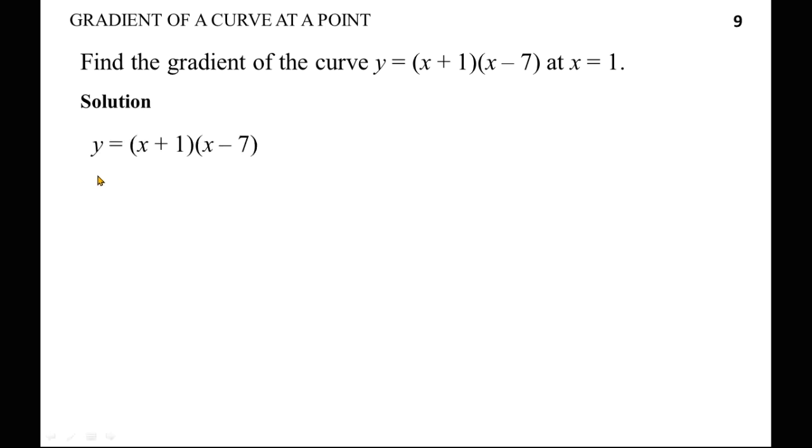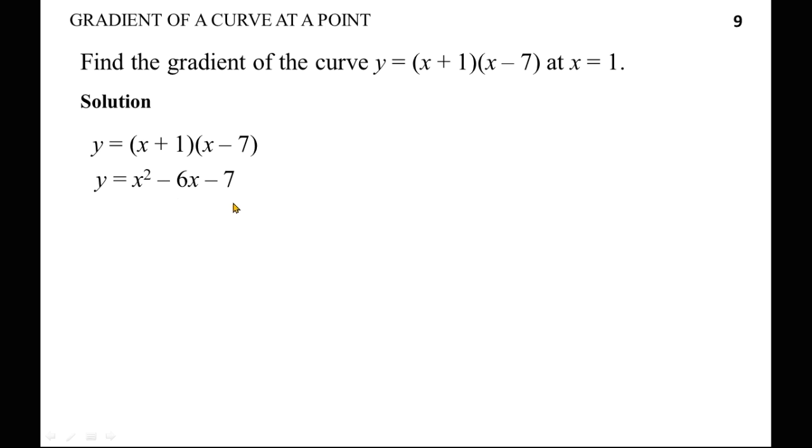Firstly, this is the curve y equals (x plus 1) times (x minus 7). If we want to remove the brackets, or let's say multiply one bracket by the other using the distributive property, we have y equals x squared minus 6x minus 7.